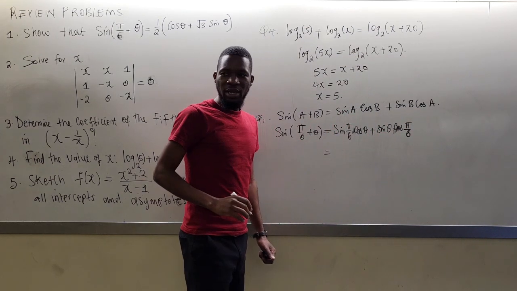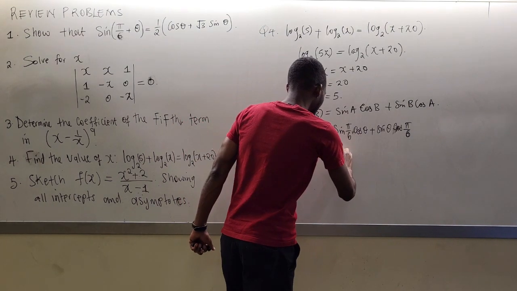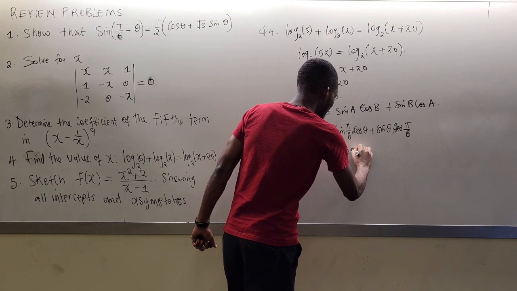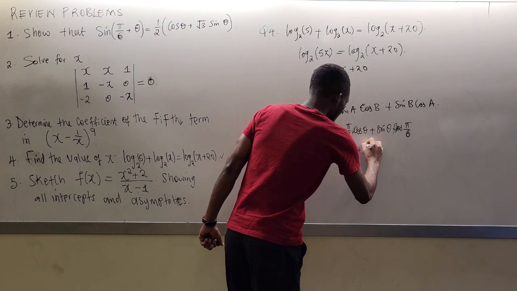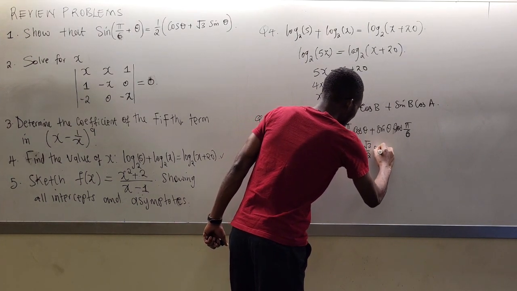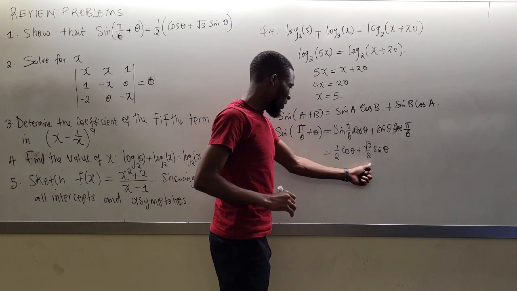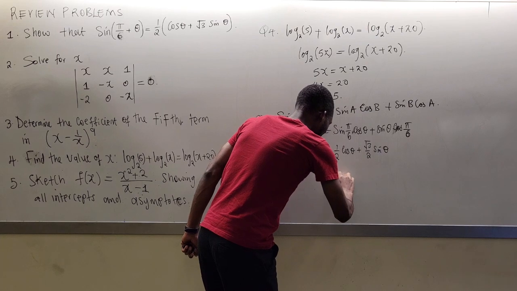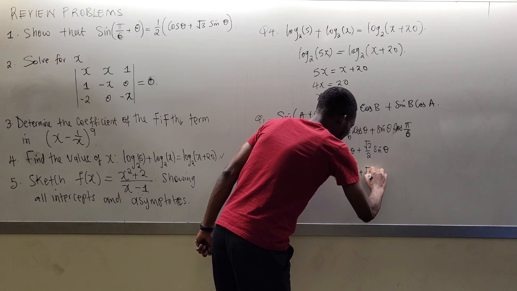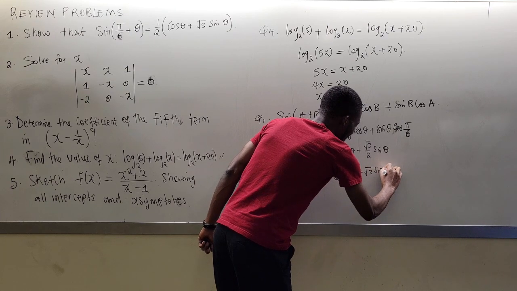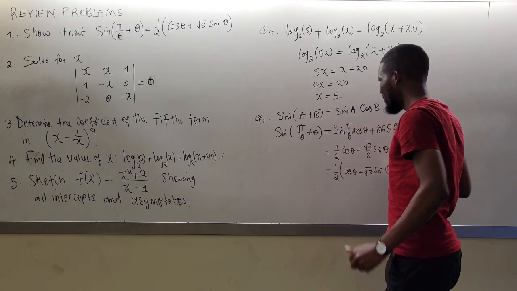Now you know that sine pi over 6 is 1 over 2 cos theta plus cos pi over 6 is the square root of 3 over 2, then I multiply by sine theta. Now you can observe that 1 over 2 is common here, so I factor out 1 over 2. This is cos theta plus the square root of 3 sine theta. And this is exactly what we are looking for. So I am done.